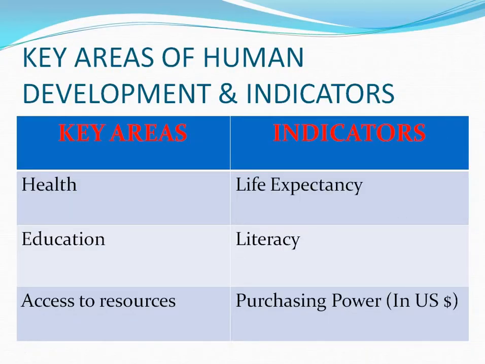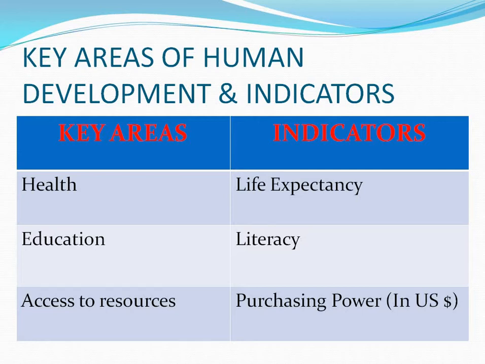There are three key areas of human development: health, education, and access to resources. And its indicators also. Health, its indicator is life expectancy. What does it mean?